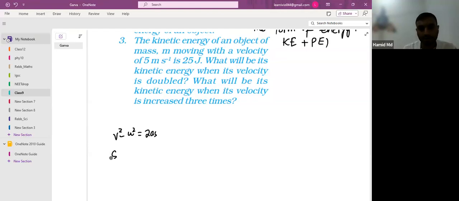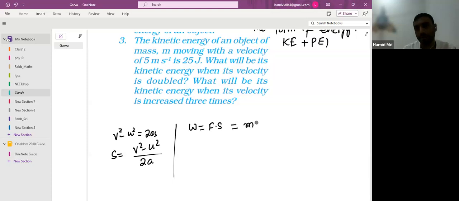If I write it in another form, then s is v square minus u square by 2a. Now, work done is force into displacement s. Force is mass into acceleration into displacement. So keep mass into acceleration as it is, and now put s over here. This is v square minus u square divided by 2a into s, right?